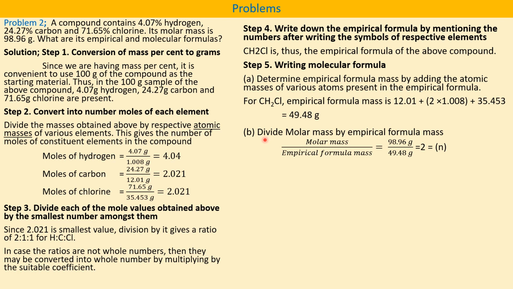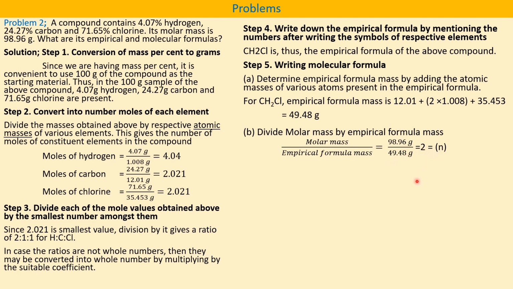So next we divide the molar mass by the empirical formula mass. The molar mass is given as 98.96, divided by the empirical formula mass we have calculated in this step, 49.48. So 98.96 divided by 49.48 grams gives 2.